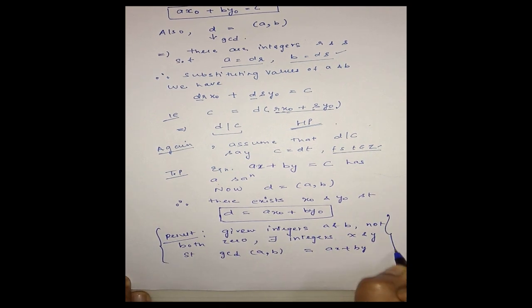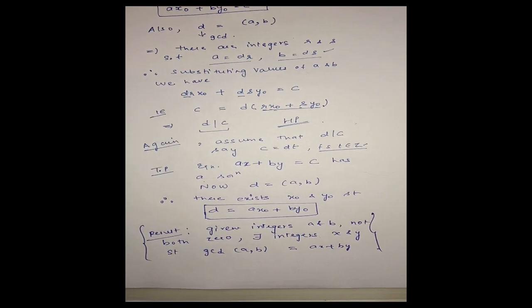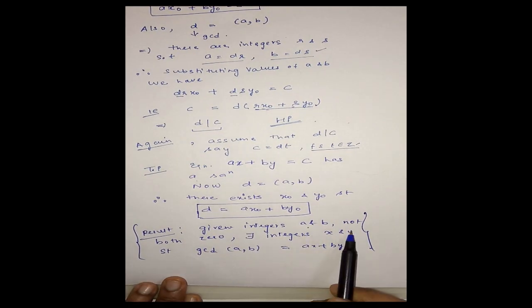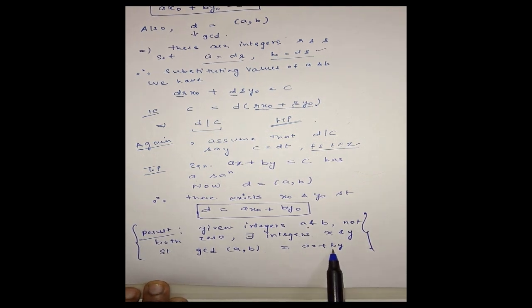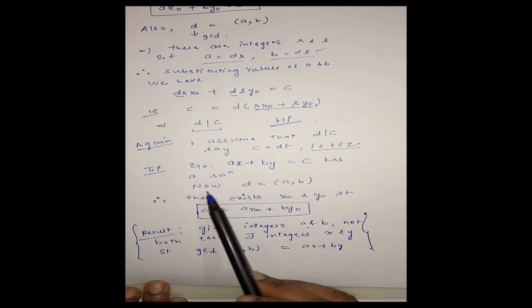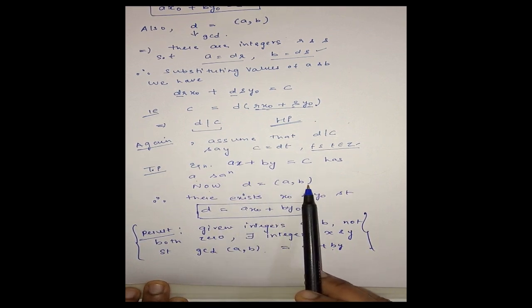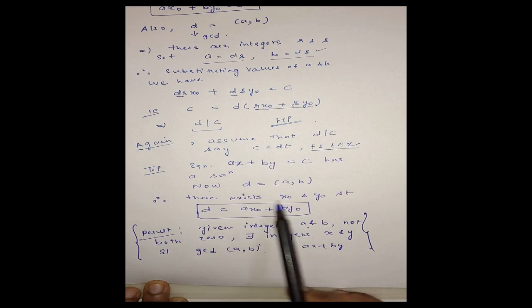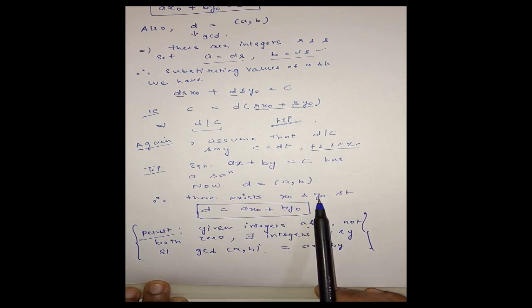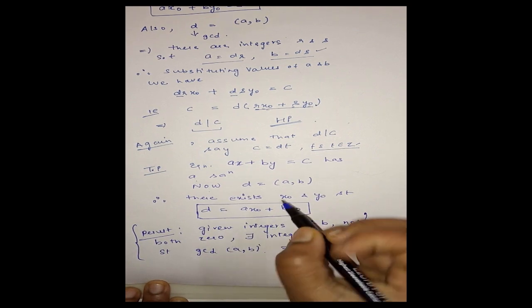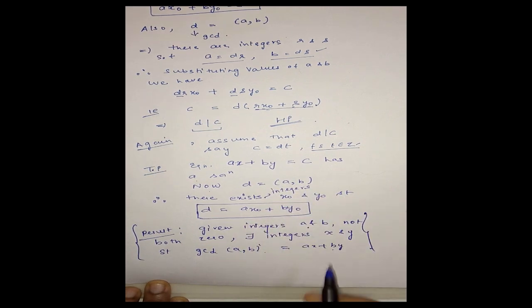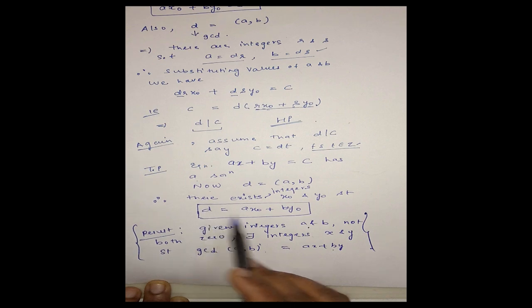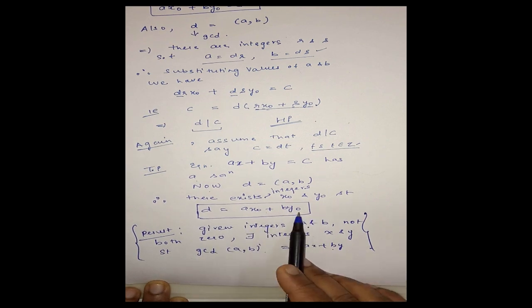This is the result. If we have two integers a and b, not both 0, then there exist integers x and y such that the GCD is written as ax plus by. Now here we have d is the GCD of a and b. So by this result, there exist integers x naught and y naught such that d is equal to ax naught plus by naught.